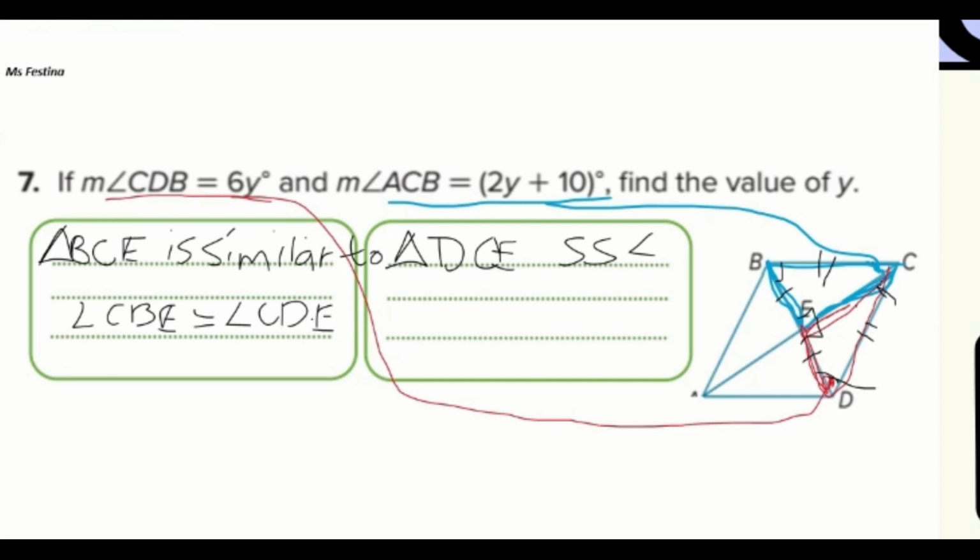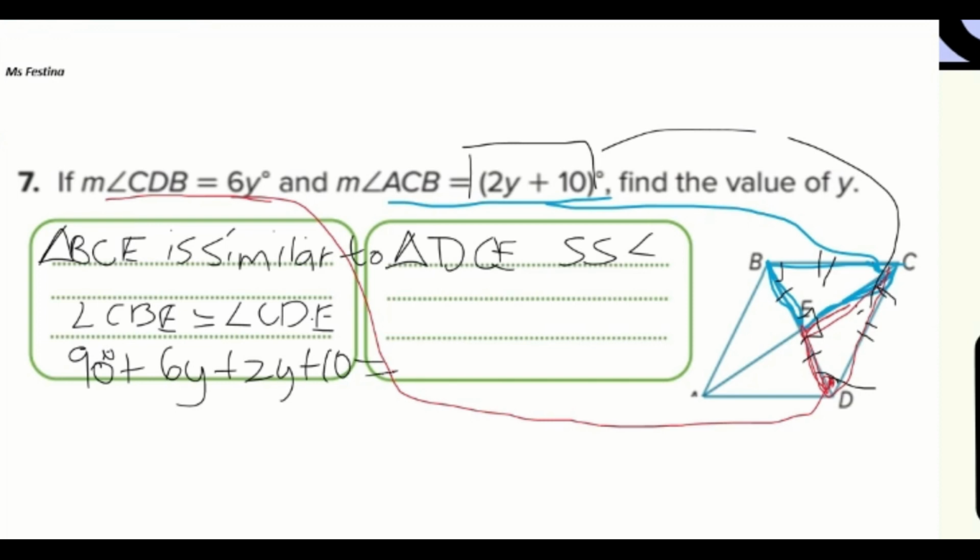So the first one we have 90 degrees, plus 6y, then plus this right here, which we said will also be equal to this angle, so plus 2y plus 10, equals 180. Your reason? Angles in a triangle.